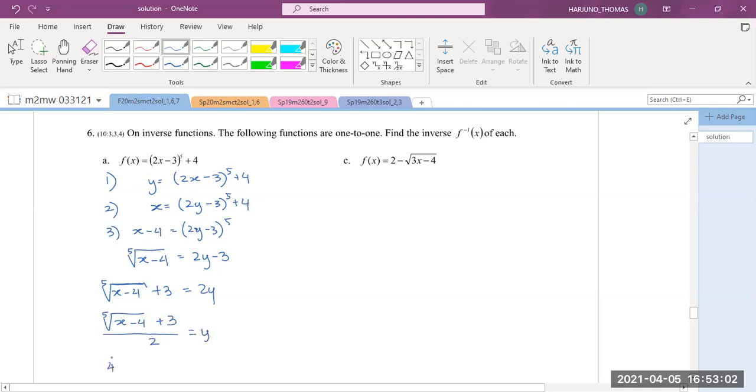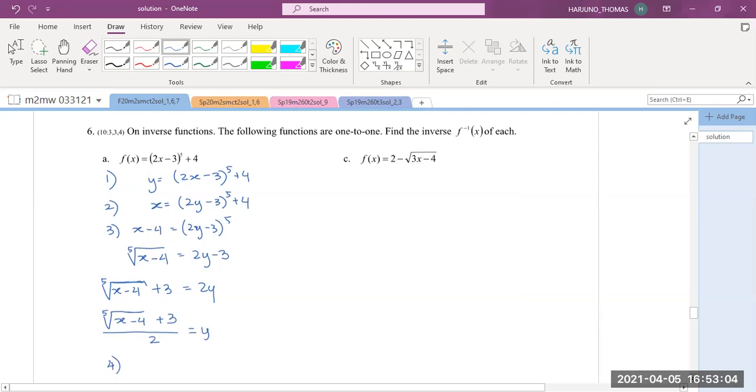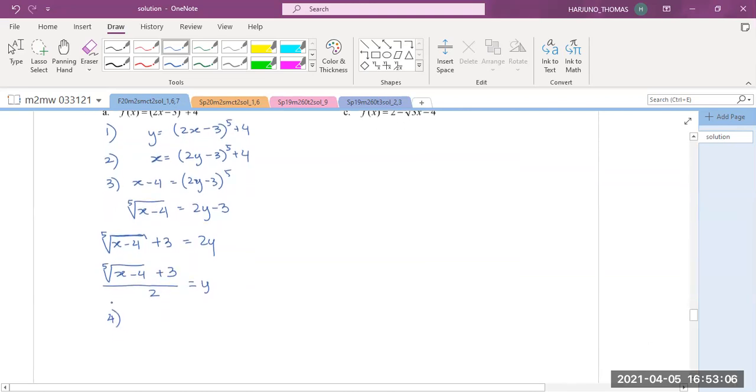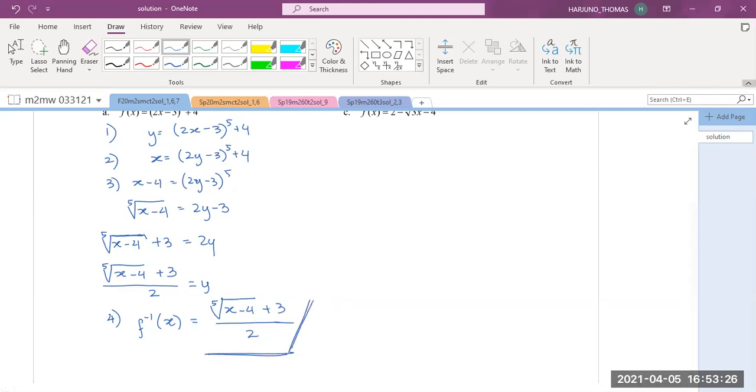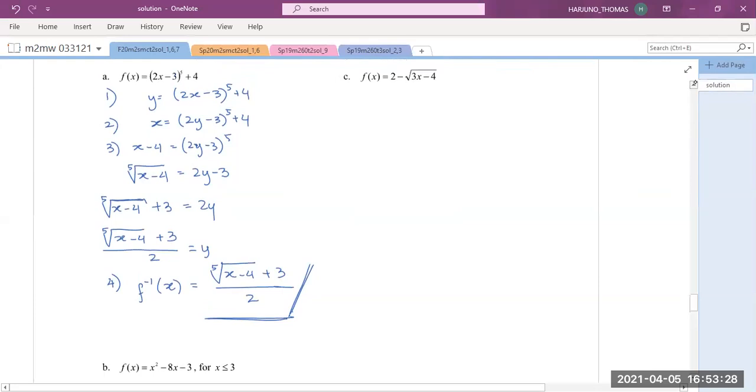Then step number 4, just rewrite it as an inverse function. So inverse function of x is the fifth root of x minus 4 plus 3, big, over 2. Okay. Any question?